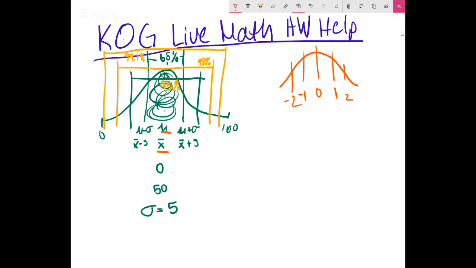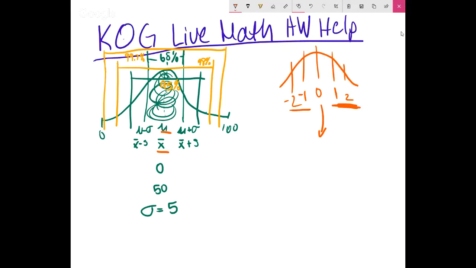Positive z-scores mean that it's above the mean, so that's these numbers over here. And negative z-scores mean that it's below the mean. The mean for a distribution has a z-score of 0 because it doesn't go above or below itself. It is itself.